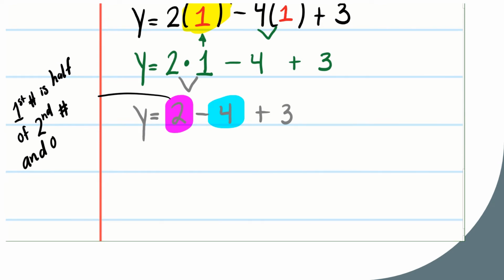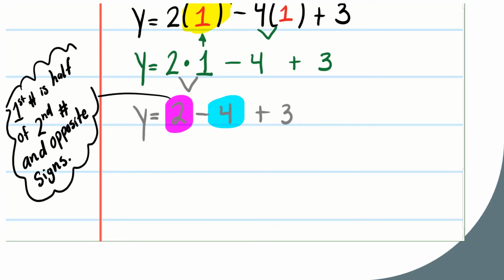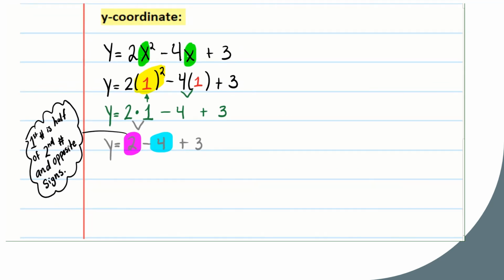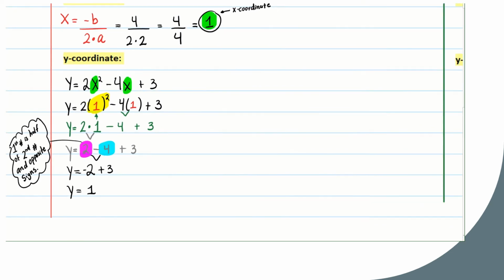If the first number is not half of the second number, then either we multiplied incorrectly, we squared our x value incorrectly, or our x-coordinate was incorrect. So go back and check your calculations again to find the mistake. Do not continue if the first number is not half of the second number, because it's going to give you a wrong answer. And then we get negative 2 plus 3, which is positive 1.